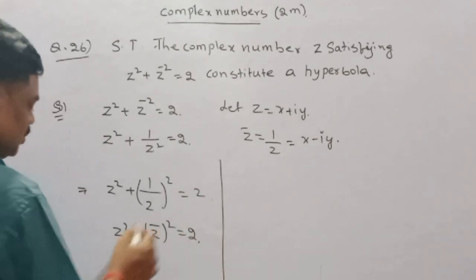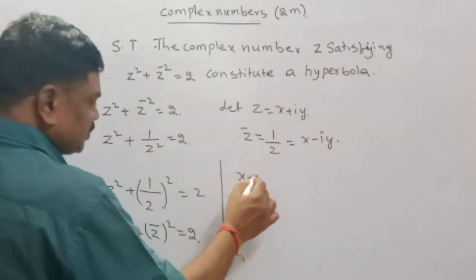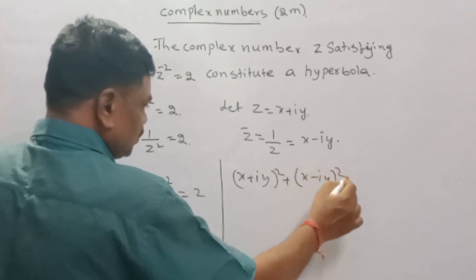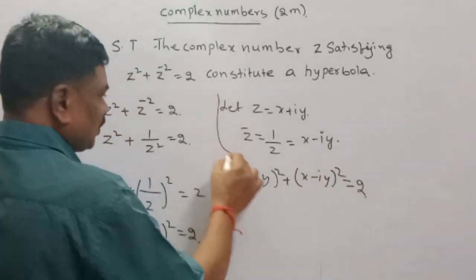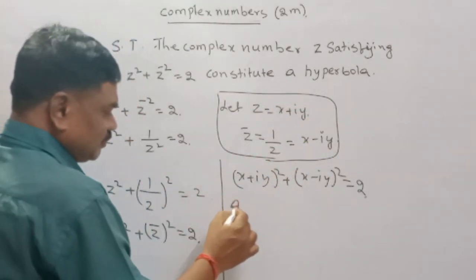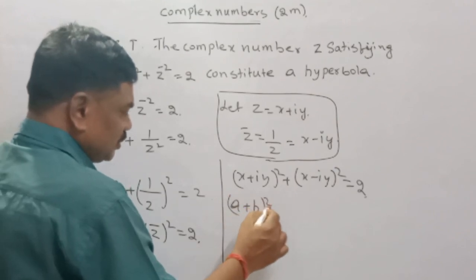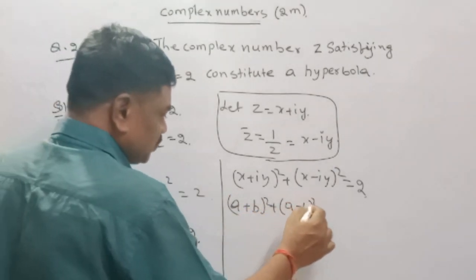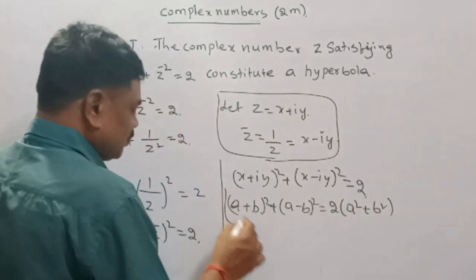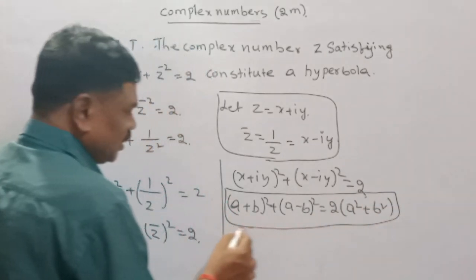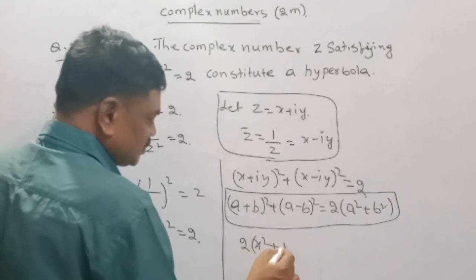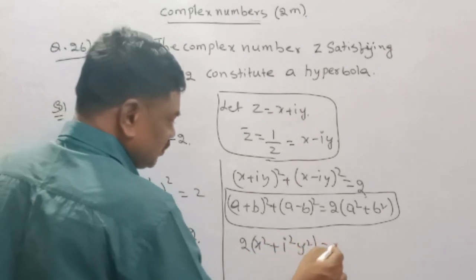So (x + iy)² + (x - iy)² = 2. This is in the form (a + b)² + (a - b)² = 2(a² + b²). By using this formula, 2(x² + i²y²) = 2.